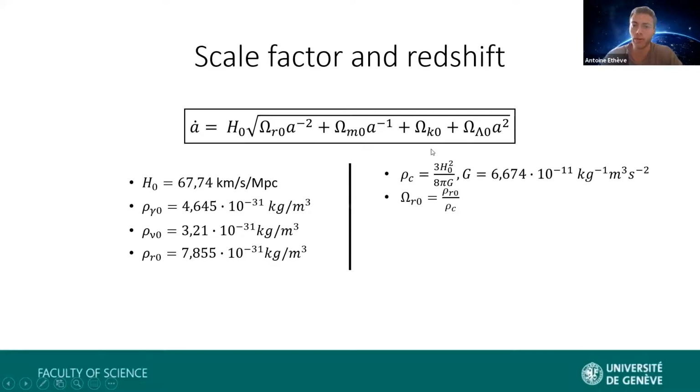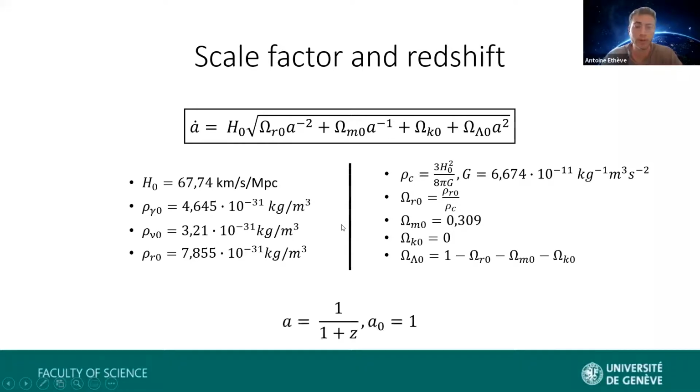For matter and spatial curvature, we just put in the current values. And since the sum of all density parameters is equal to 1, we determine the last one from the others. We can now solve the equation numerically using Python code. And then we use the relation between the redshift and scale factor to determine the redshift.